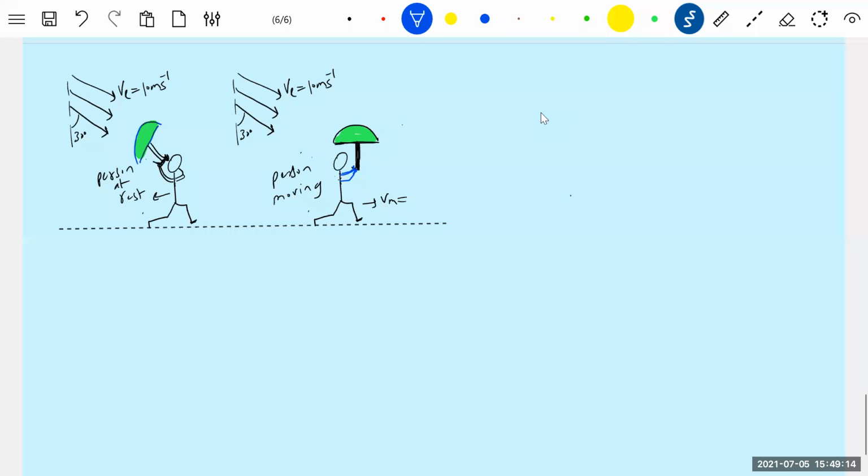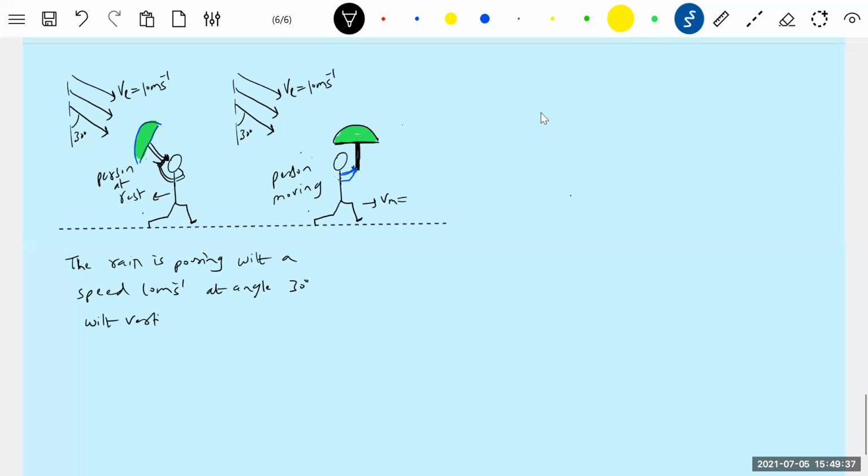What should be the speed of the man? I'll describe the question here. The rain is pouring with a speed of 10 meter per second at an angle of 30 degree with the vertical, as shown.